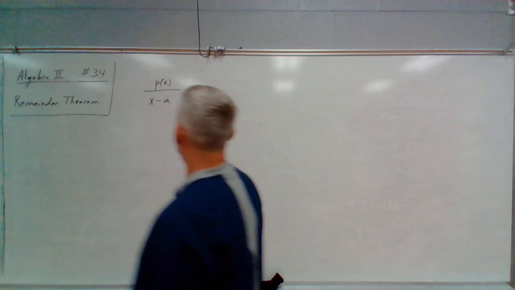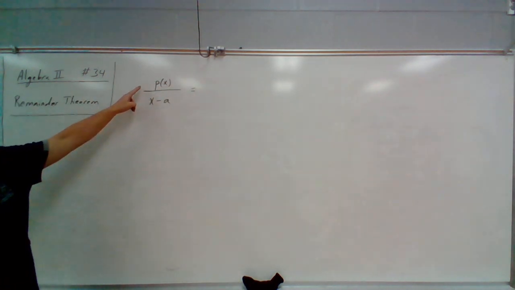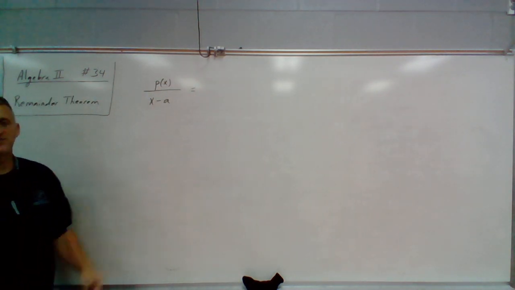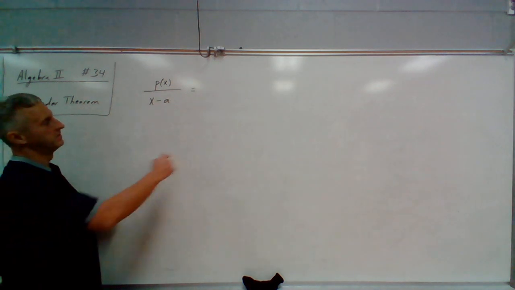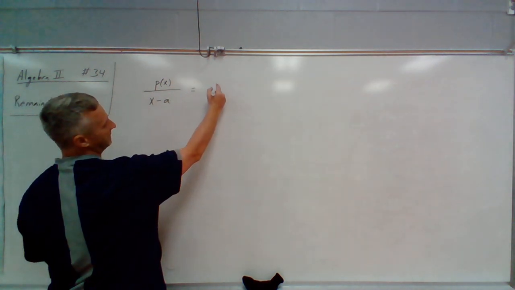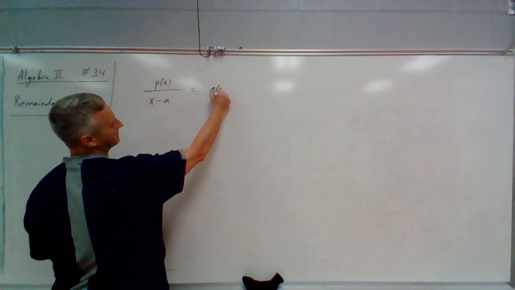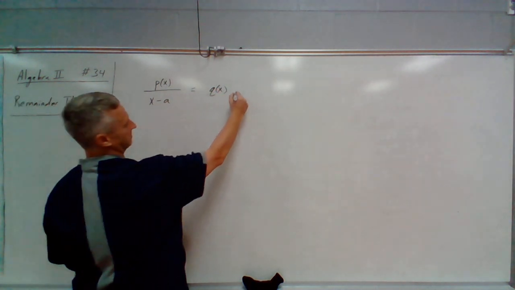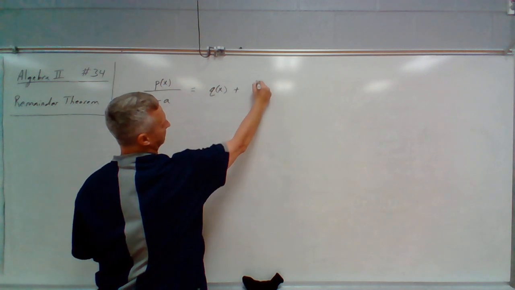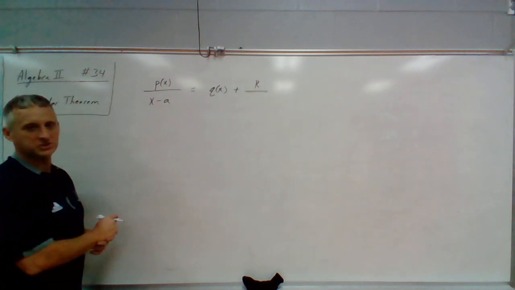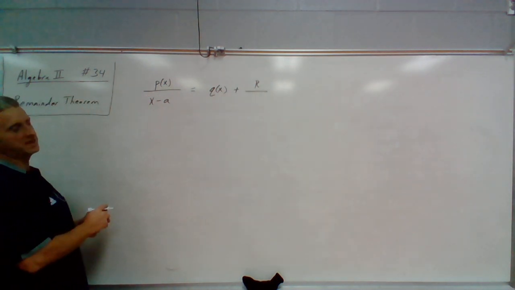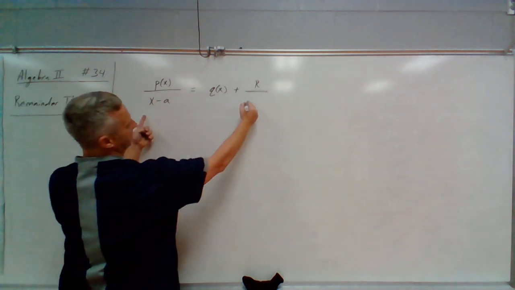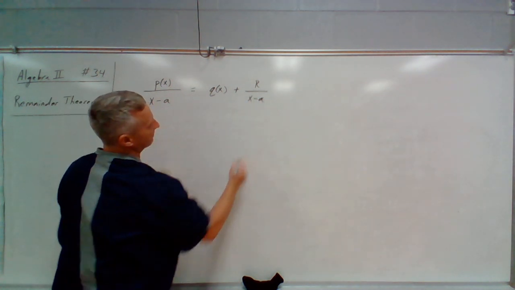Alright, so let's look at this more generally. Say I've got some polynomial and I divide by x minus a. Then I know that I'm going to get some other polynomial, let's call that q for quotient, plus some remainder, let's call that r, and r is just a number in this case, over x minus a.